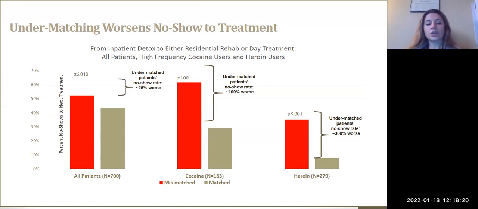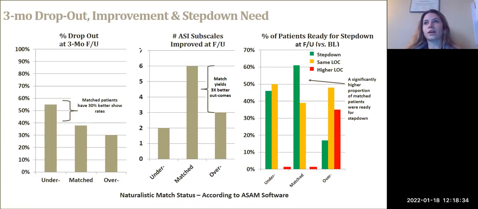So you can see when the patients were mismatched, so they were recommended to go either to a higher level of care than they needed or a lower level of care than they needed, then that impacted their engagement with that program and increased their no-show rates. So when we match, we improve that kind of engagement process.